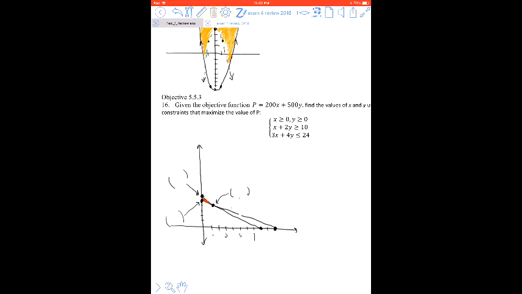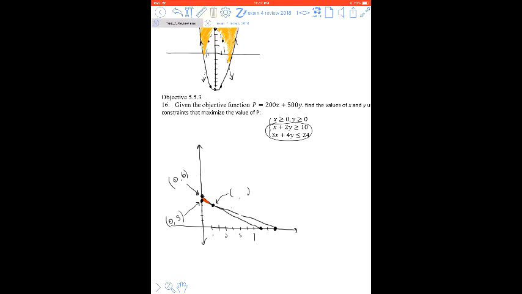Well, this one here is 0, 6. This one here is 0, 5. And where two graphs intersect, if it's not on an axis, like these ones are pretty easy to find because it's right on an axis. But where two graphs intersect, you need to find the equation of those lines and solve the system.